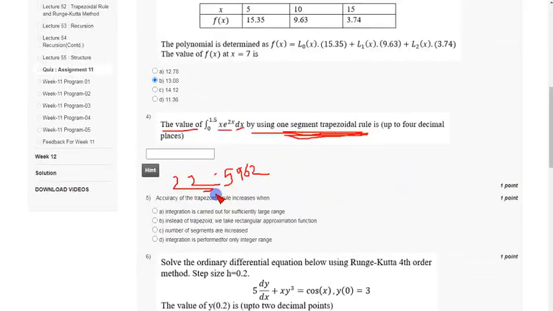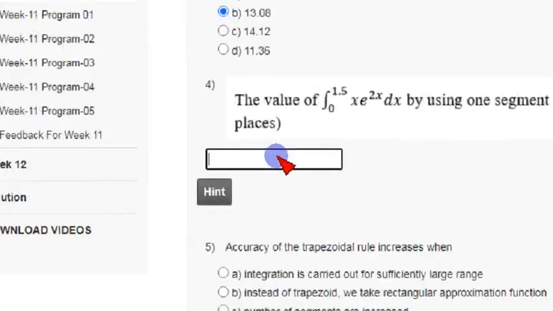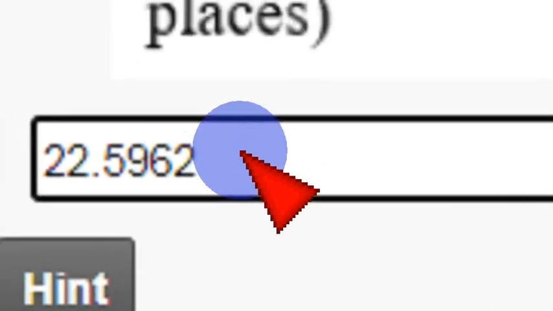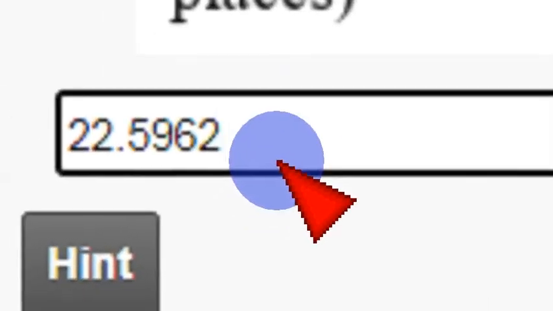So I will show you once again. If you see this, 22.5962. So this is the answer for the fourth question.